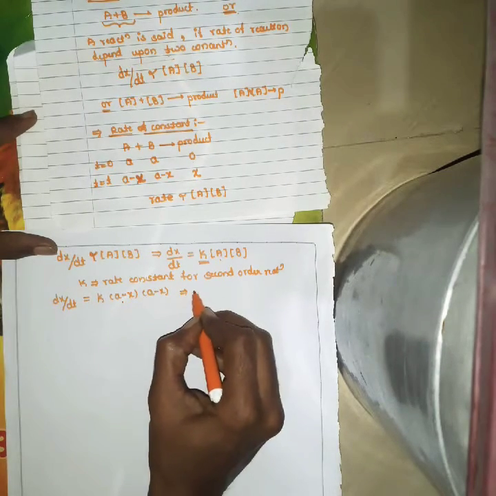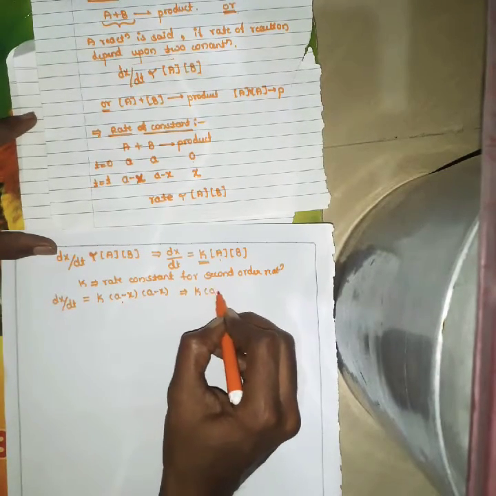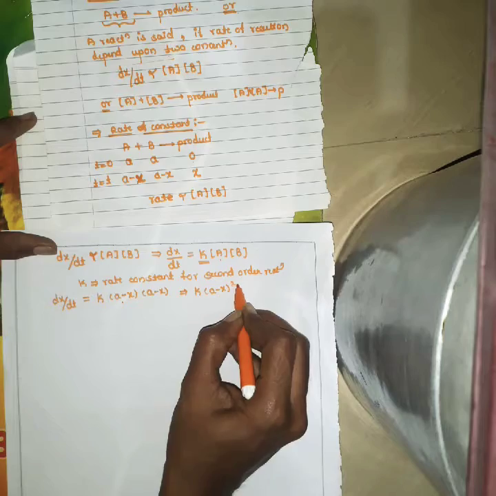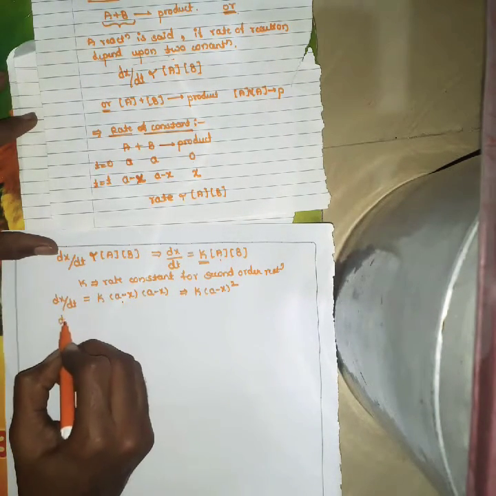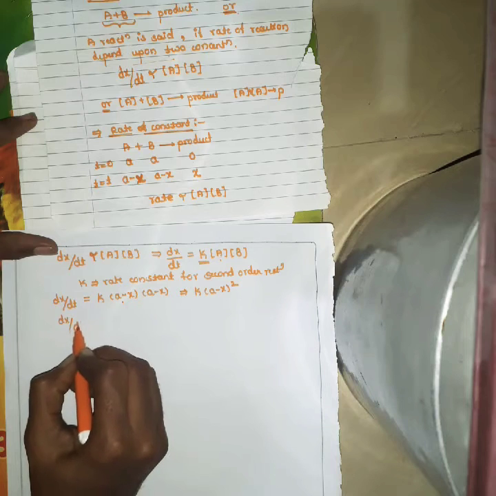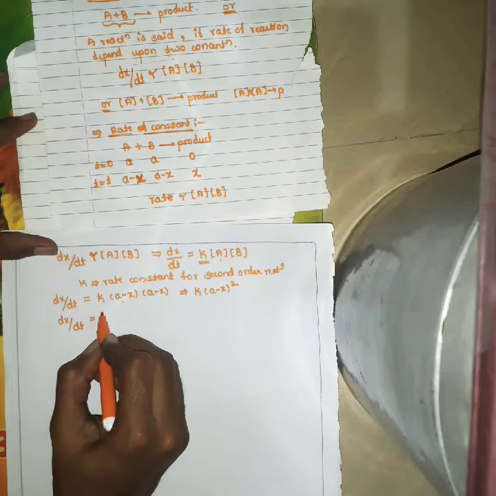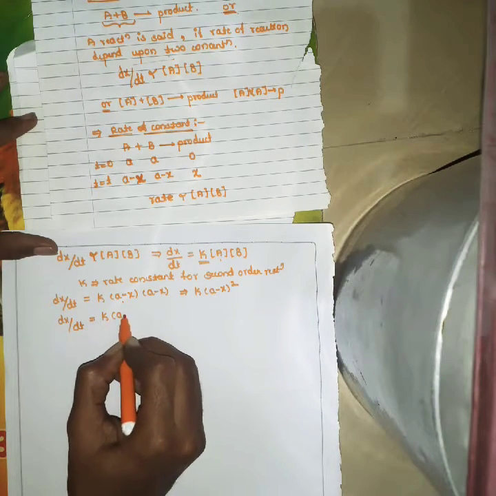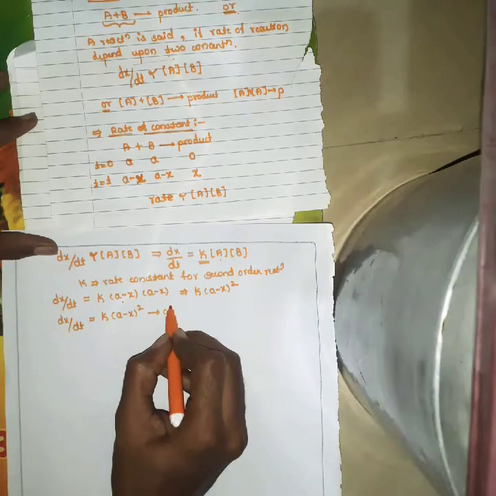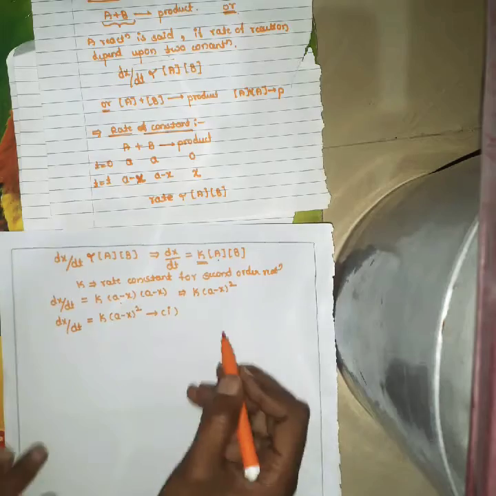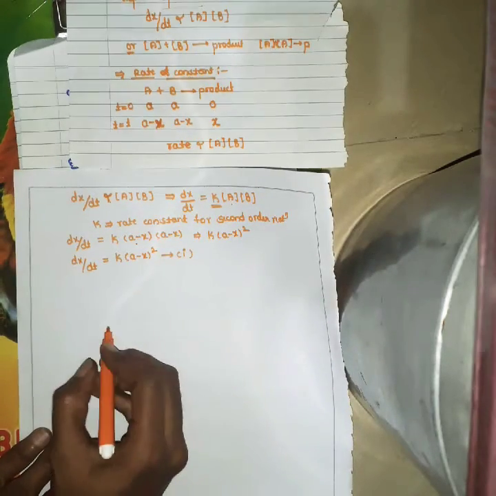This implies k into a minus x whole square. Therefore we get the equation dx by dt is equal to k into a minus x whole square. This is considered as equation 1.